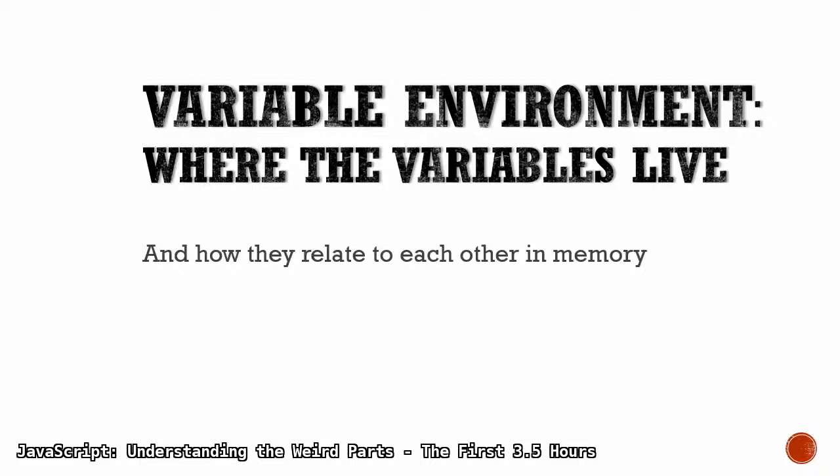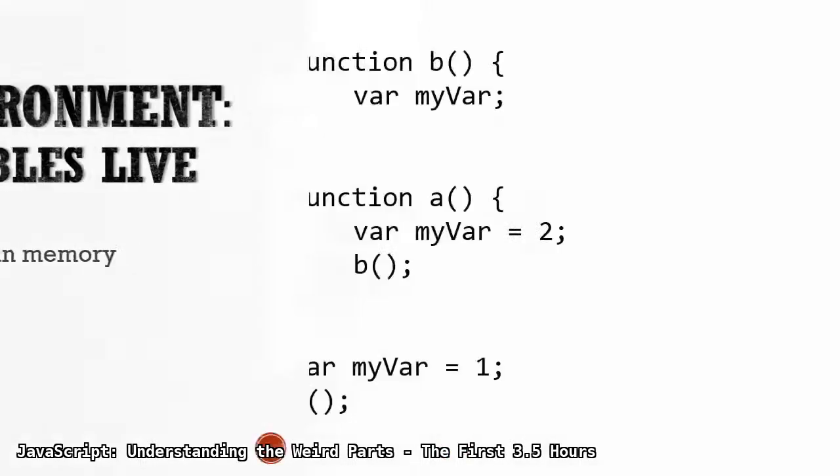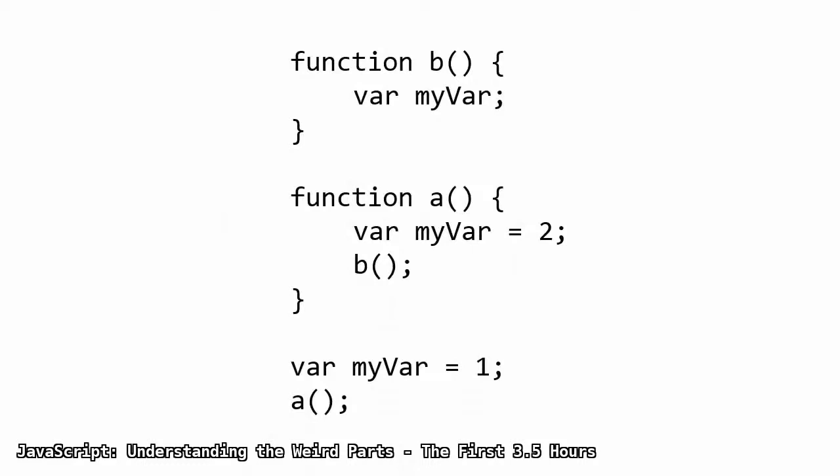Let's move on from there. Let's look at a piece of sample code. Again, I have two functions, a function B and a function A. Inside function B, I declare a variable called myVar and don't set it equal to a value. In function A, I set a variable called myVar also and set that equal to 2.